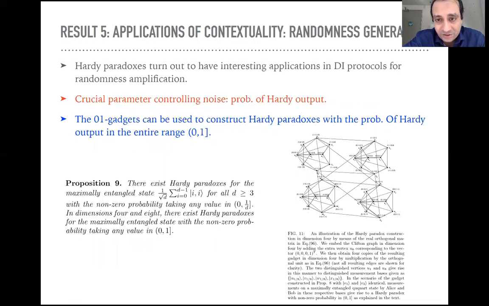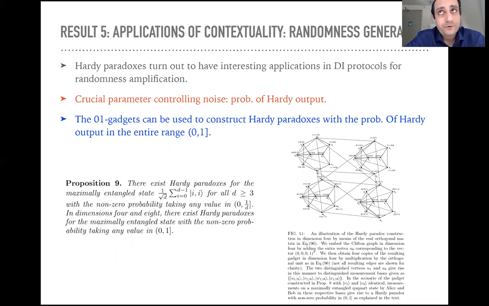And as a foundational result, the 0-1 gadget construction allows us to improve what's called the Hardy probability in Hardy paradoxes. If you know something about Hardy paradoxes, then you may know that an interesting question there is, what is the maximum value of the Hardy probability? In the original Hardy paradox by Hardy from PRL from a long time ago, the value of the Hardy probability was 0.09.